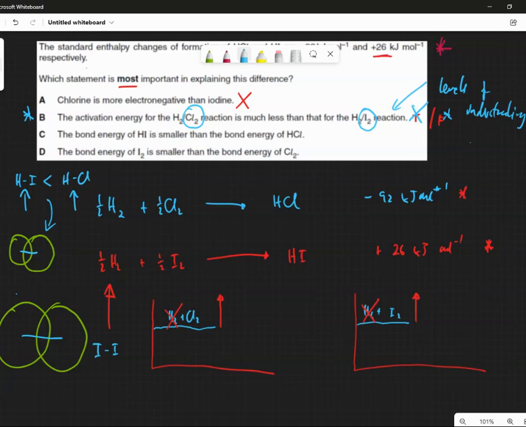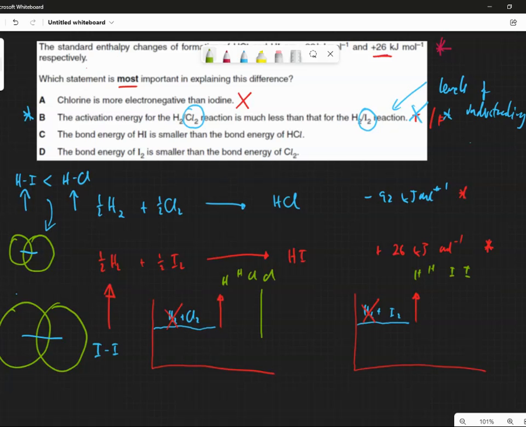So, I know this sounds really hard to do, but when you have the individual atoms up here, and you have the HH, II, which one is going to go down more? Which one is going to be more exothermic? The HCl or the HI? Which one's going to be more exothermic when they form? Yeah, Moses, it's the HCl.